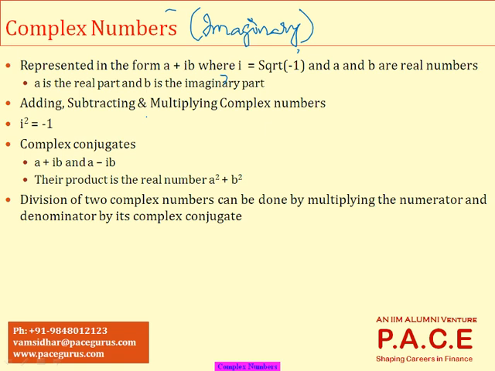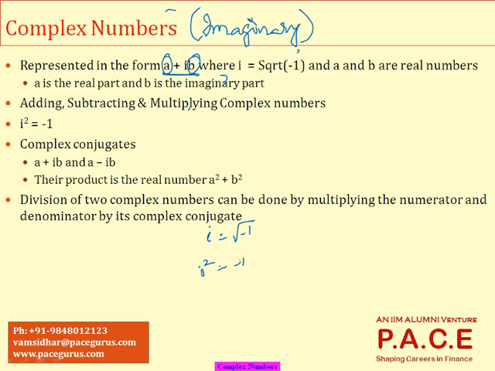Imaginary number or a complex number. This is something which is written in the form of a + ib, where a and b, both of them happen to be real numbers. But what is i? i is nothing but square root of -1, which means i squared equals -1.